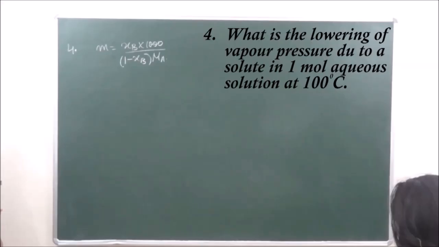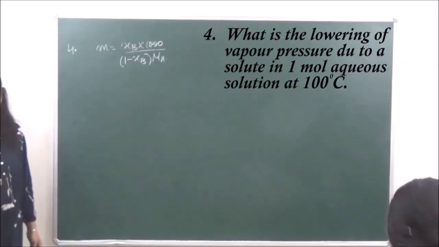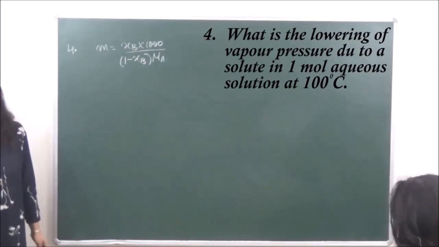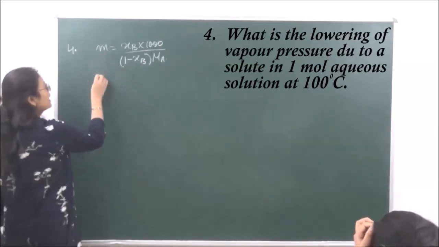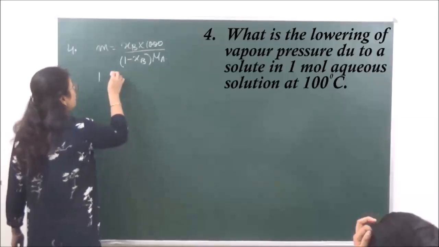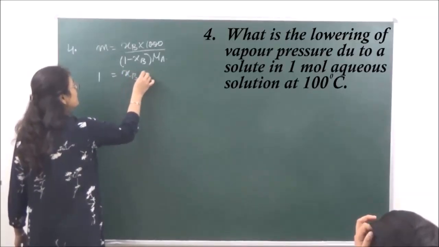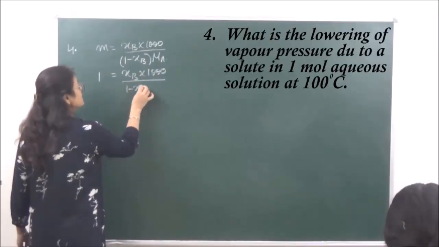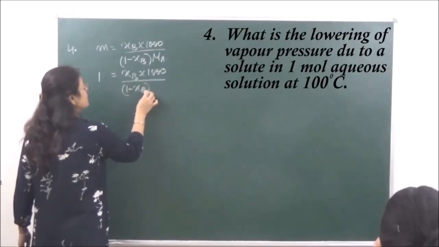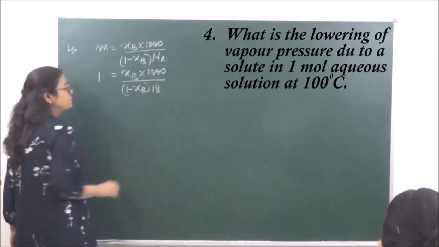Okay? From this you can calculate molarity. MA is what? Aqueous solution, so MA is going to be 80, right? So we have molarity given to us as 1. 1 is equal to XB into 1000 upon 1 minus XB into 80.